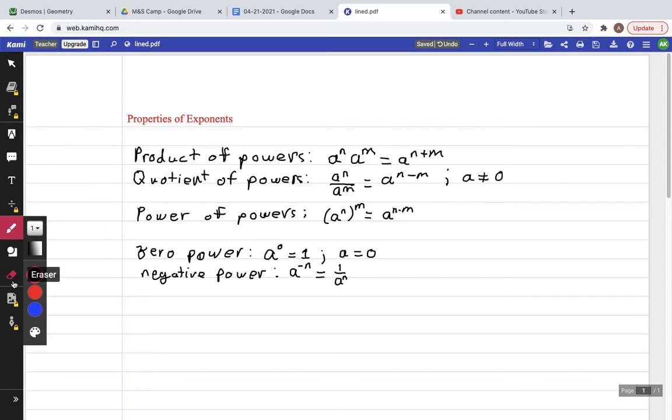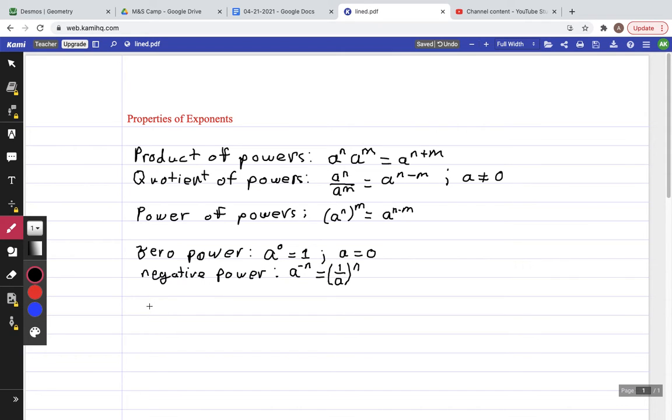And I'm actually going to write that in a slightly different way, so that we can see that it goes to the entire reciprocal, not just the value.